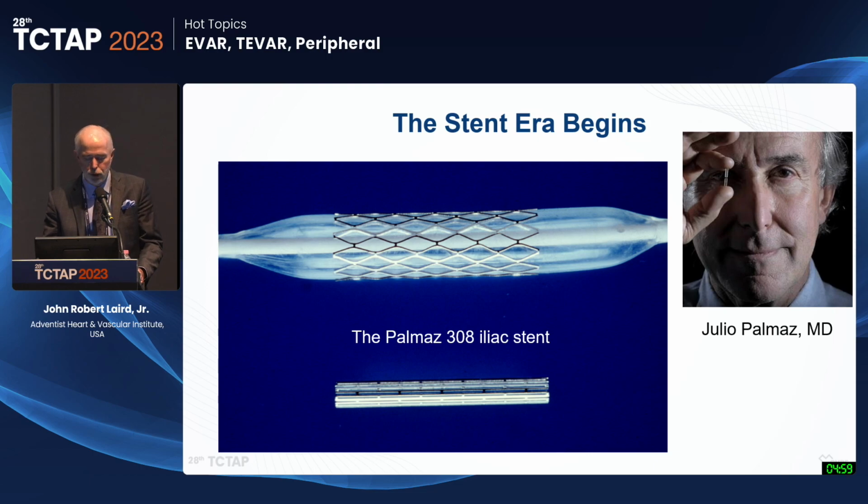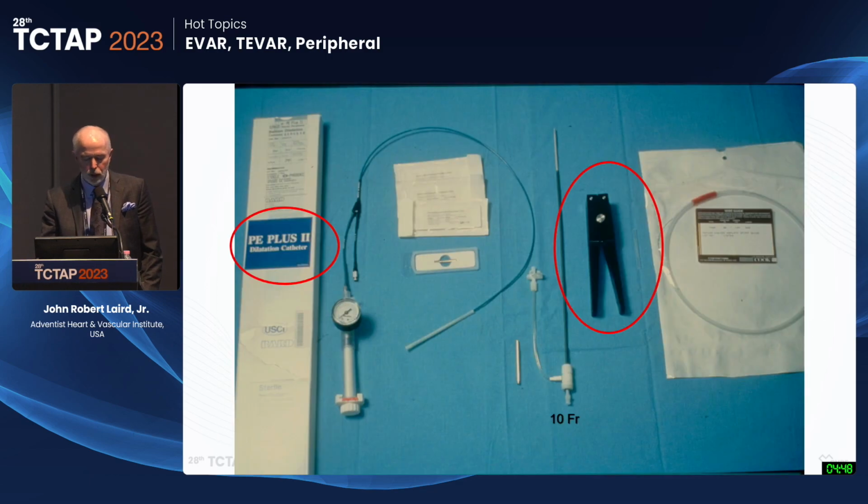I actually attended the first Palmaz iliac stent training course in San Antonio, Texas in 1991, where I first met Dr. Palmaz. This is actually one of the slides from that training course showing the equipment that you would need to perform iliac stenting. We needed 10 French sheaths at that time, which was a real problem for patients and doctors in the pre-closure device era, particularly when you're doing bilateral iliac artery stenting.